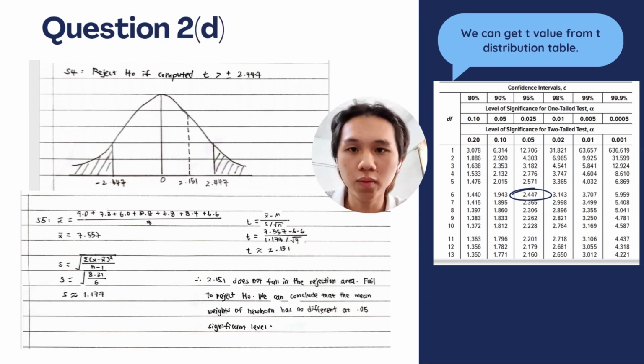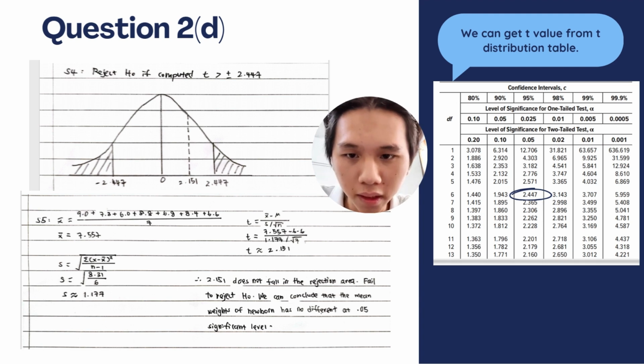In step 4, we form a decision rule, which is to reject H0 if the computed t is larger than plus minus 2.447. In step 5, we calculate the test statistic, and firstly we calculate the mean and sample standard deviation.